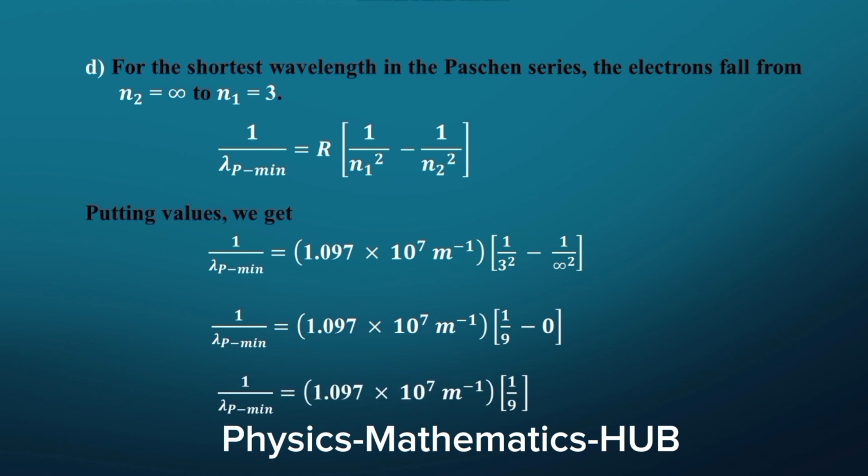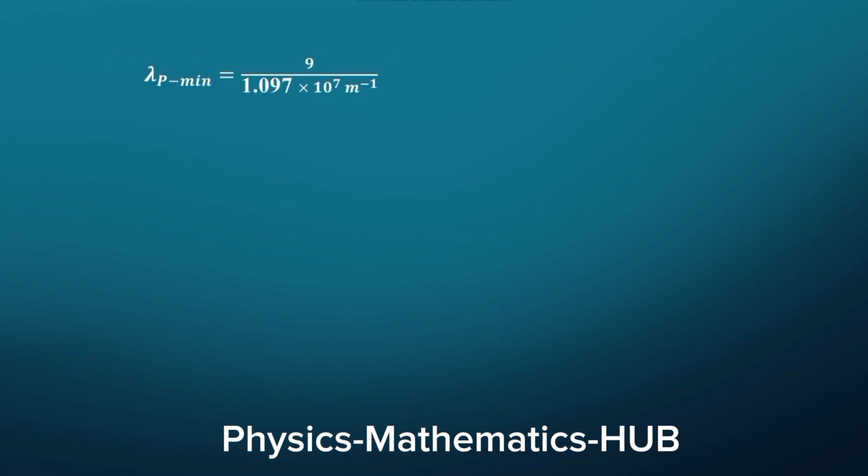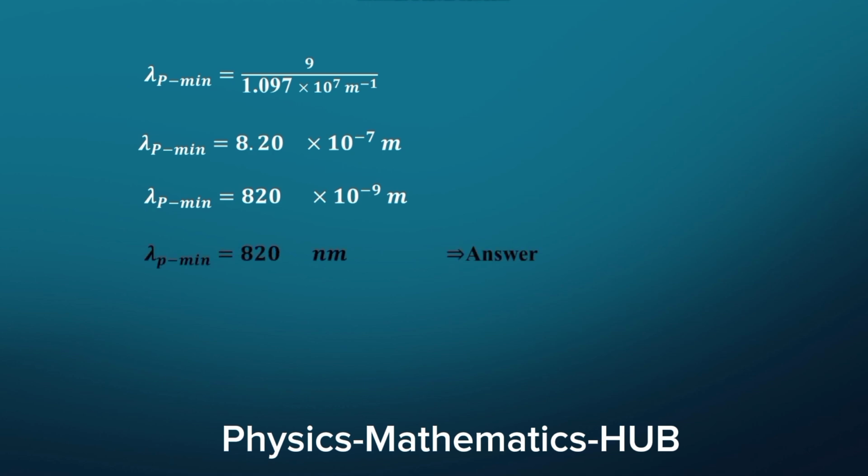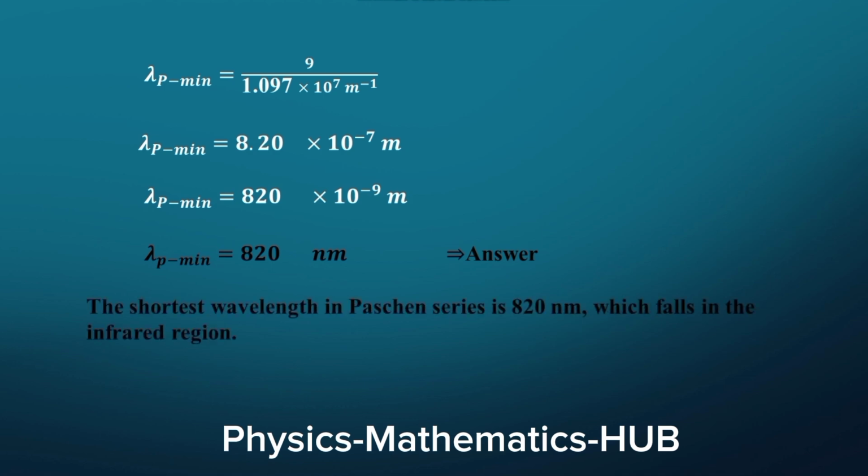Simplifying further, we get 1 over lambda P minimum is equal to Rydberg constant into 1 over 9. Simplifying further, we get lambda P minimum is equal to 820 multiplied by 10 to the power minus 9 meters, which is equal to 820 nanometers. This is the shortest wavelength in the Paschen series, which falls in the infrared region of the hydrogen spectrum.